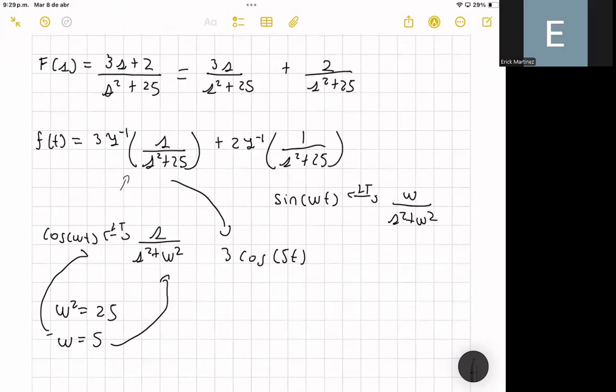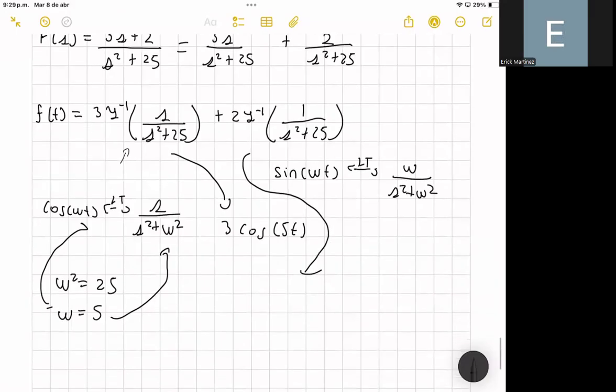So what we can do in order to compute this inverse Laplace transform, I will place it here. You have 2 times the inverse Laplace transform of 1 over s squared plus 25. And I will multiply the numerator by omega, that according to my analysis, if we compare these two functions, omega should be equal to 5.